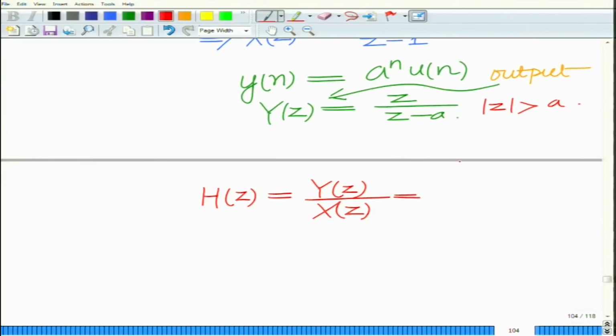And therefore, this is Y(z) over X(z), and you can clearly see this is (z minus 1) divided by (z minus a). Okay. And this is basically your H(z). This is the transfer function. Remember, this is your transfer function.